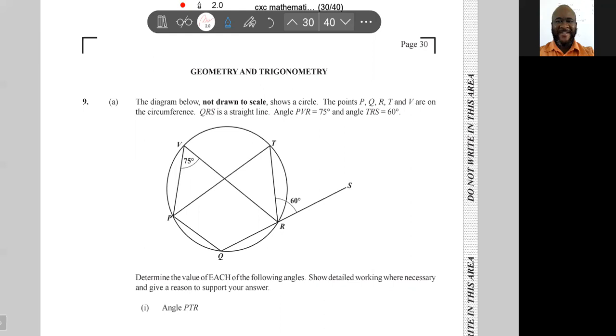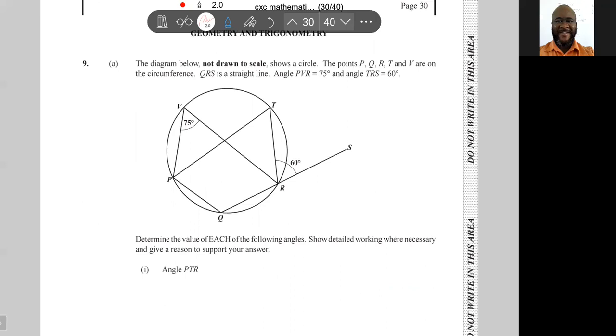We're asked to determine the value of each of the following angles, show detailed working where necessary, and give a reason to support your answer. The first angle we're asked to find is angle PTR. Whenever 3 letters are used to reference an angle, the angle is always at the letter in the middle.